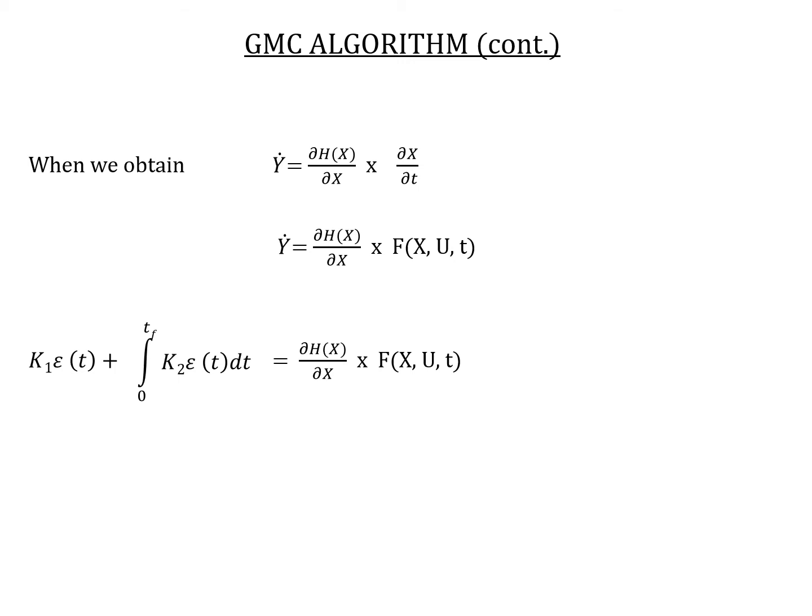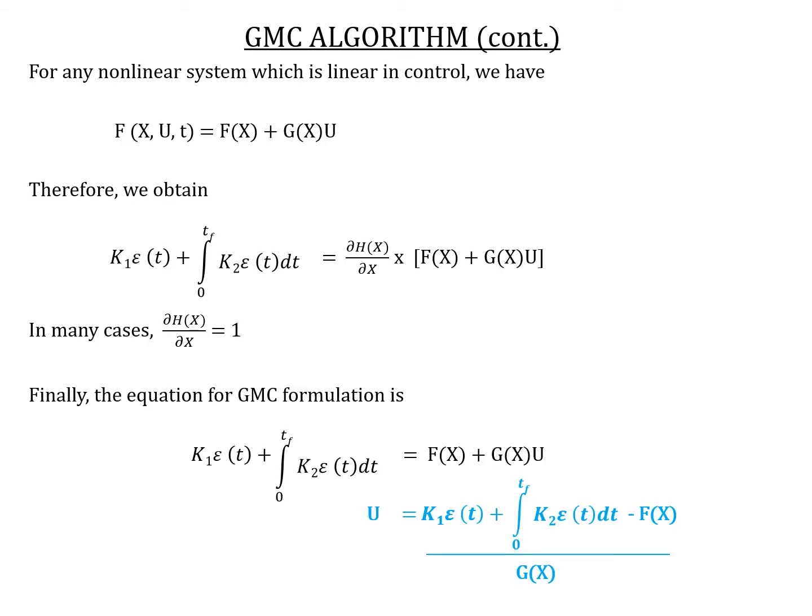So again, if we put the f(x, u, t) in this form, which is linear in control, we can get the u in terms of the other terms: f(x) plus g(x)u. This is the form we need to be able to implement the GMC method. If we have this, then we substitute back K1 epsilon plus the integral of K2 epsilon equals dh/dx times the equation itself, f(x) plus g(x)u.